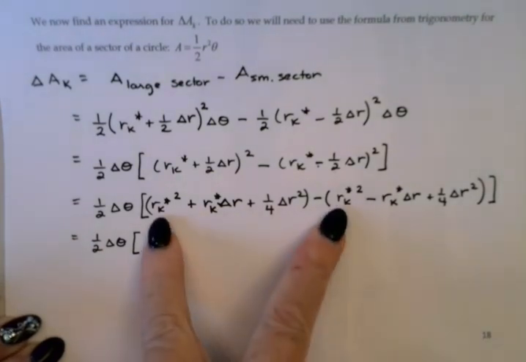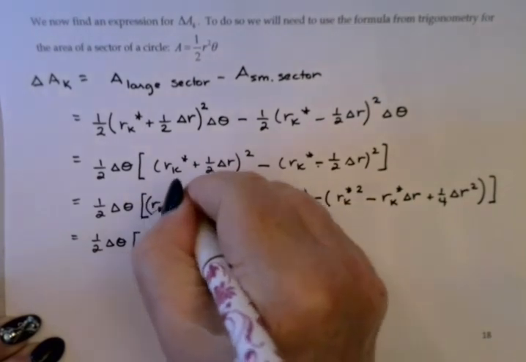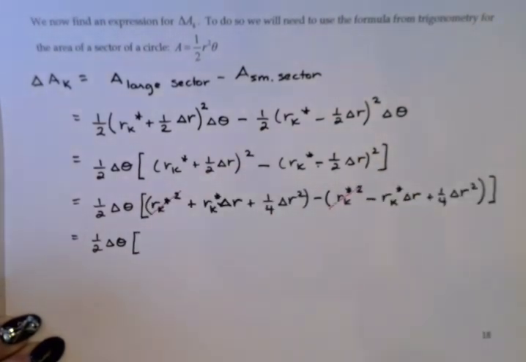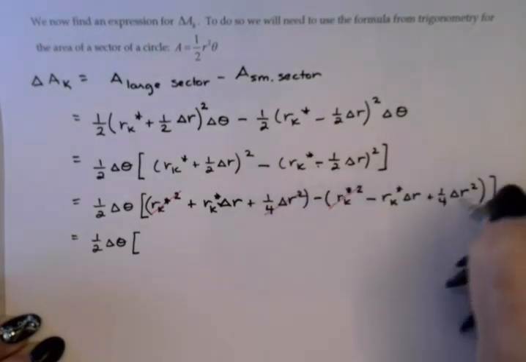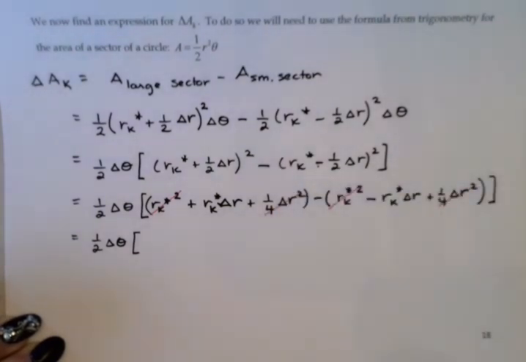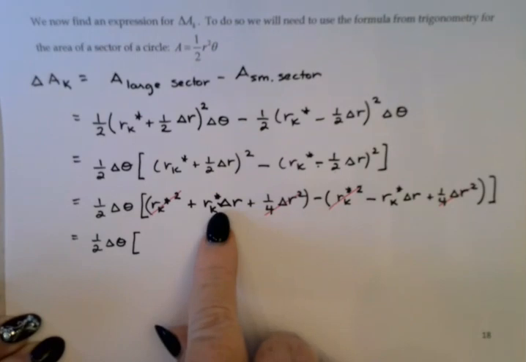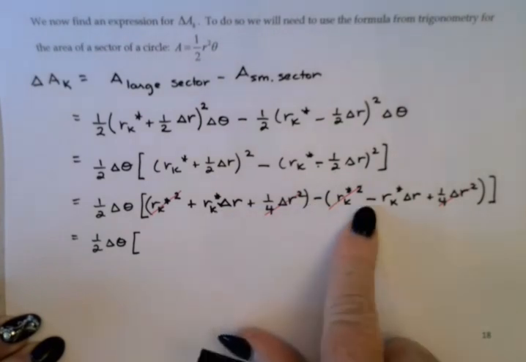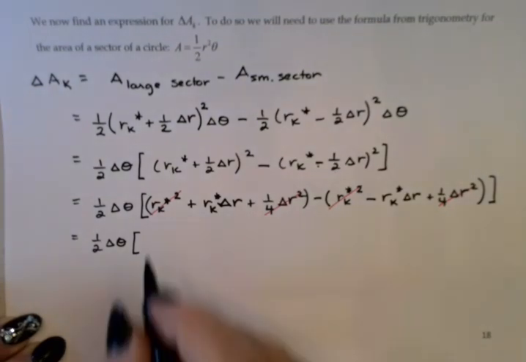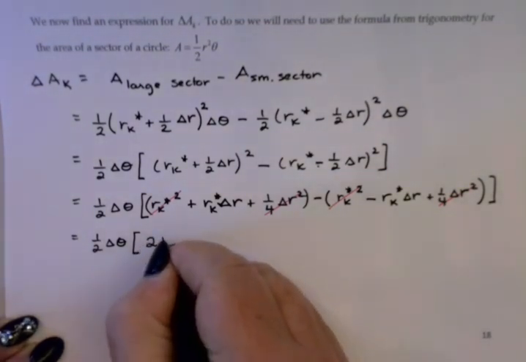I'm subtracting these, so the r k star squareds will subtract off to 0, and so will the 1/4 delta r squareds. So I end up with an r k star delta r minus a negative, or plus another r k star delta r, meaning I now have 2 of them.